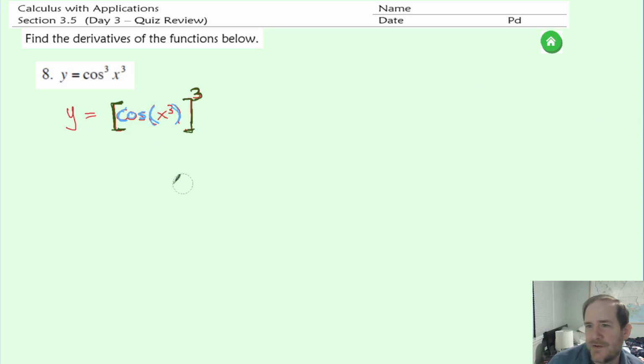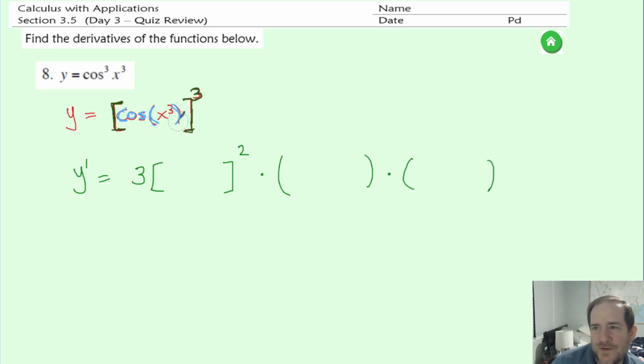So we know that we take the derivative of the outer function. You get 3 times all the stuff squared. But then you've got to chain rule out the derivative of the blue function. Then you've got to chain rule out the derivative of the red. So it's differentiate the outer, then chain rule again. By the way, we're keeping this whole inside function.